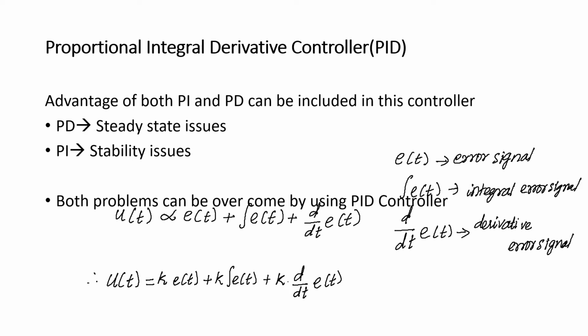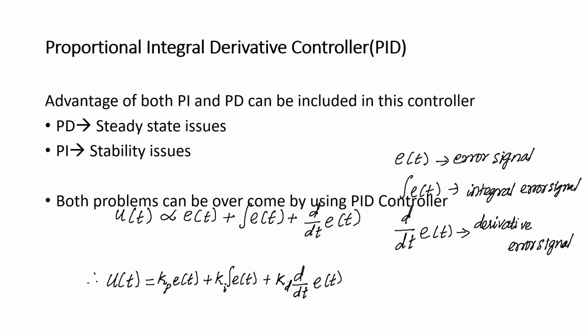In order to differentiate the constants, we introduce kp for proportional, Ki for integral, and kd for derivative, as we have discussed in the previous controllers, right? So kp is the proportional constant, ki is the integral constant, and kd is the derivative constant. I don't want to write these constants one more time, since I have written them when explaining the previous controllers.